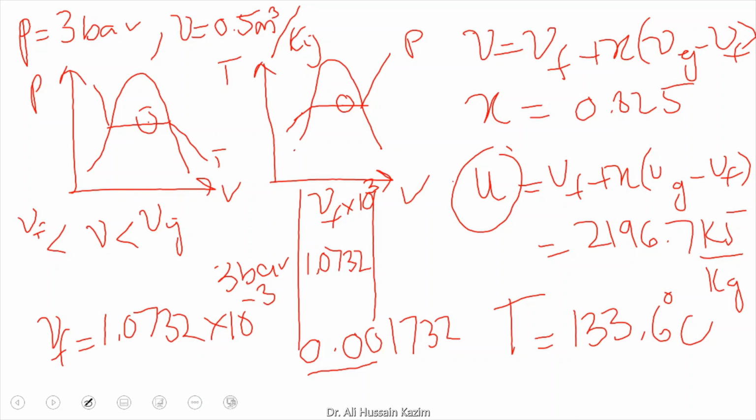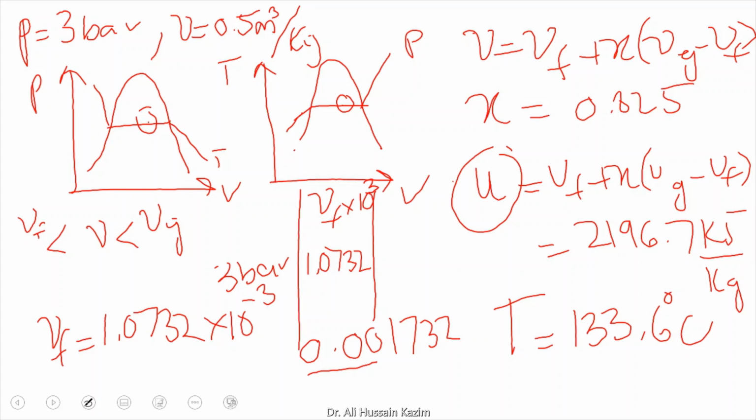Now let's do part C. So part C is pressure equals 28 megapascal and temperature is 520 degree Celsius. Now we have to find which state it is.